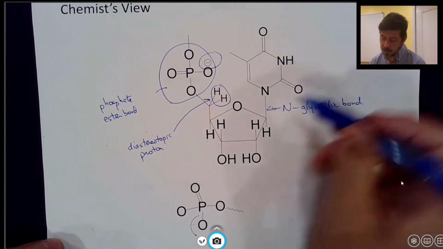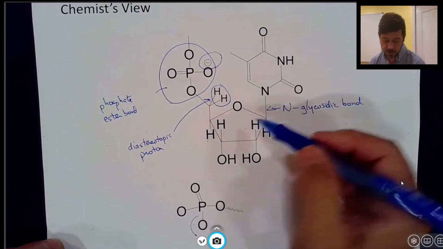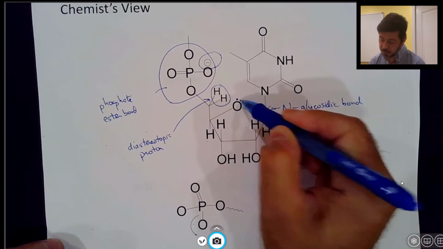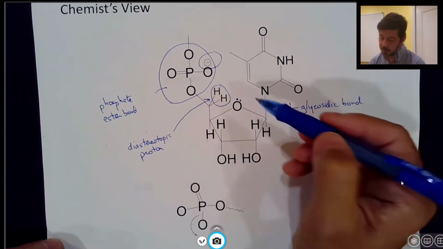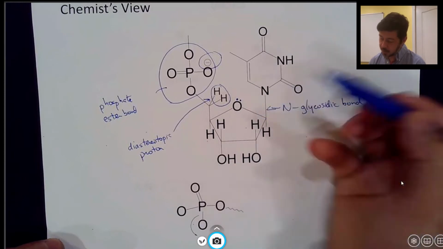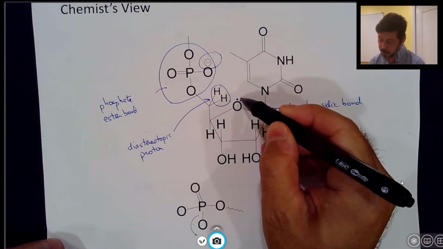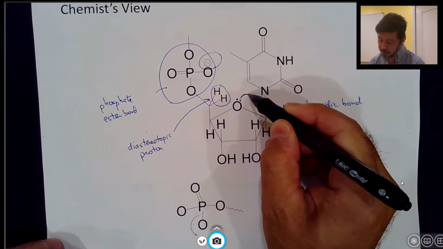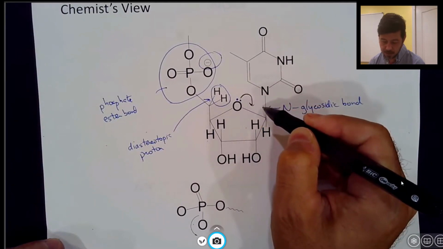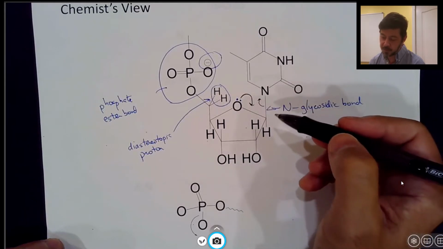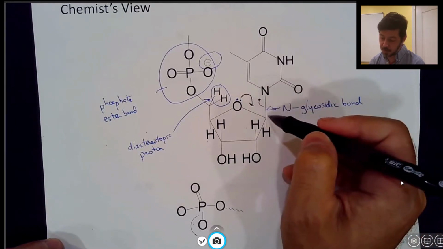N-glycosidic bonds are usually relatively stable, but if we look at some of the properties of sugars, as we'll learn later in this unit, there is some movement from the oxygen donating some electron density here, thus perhaps allowing for the removal of this N-glycosidic bond.